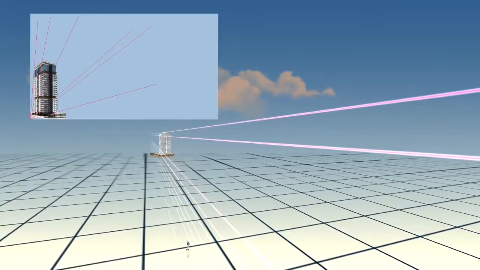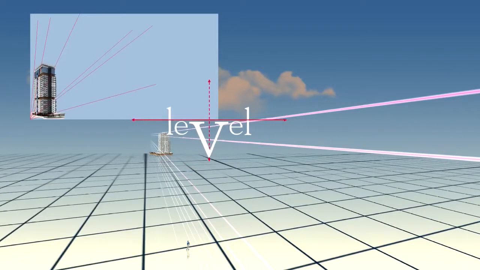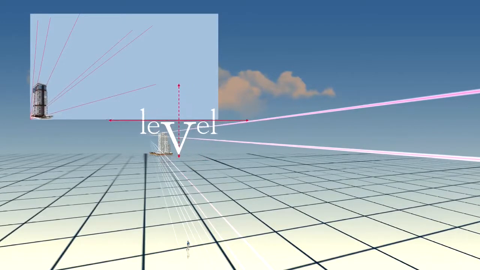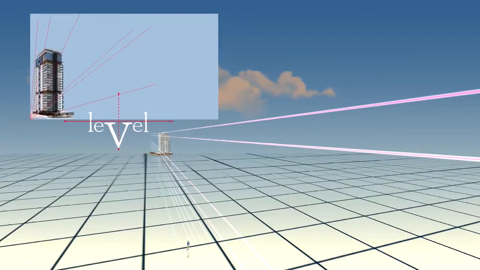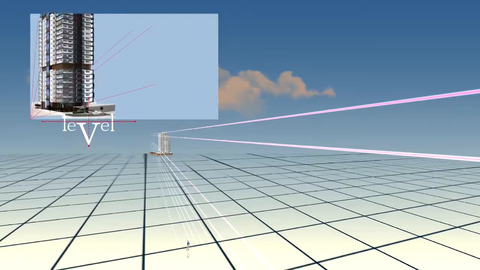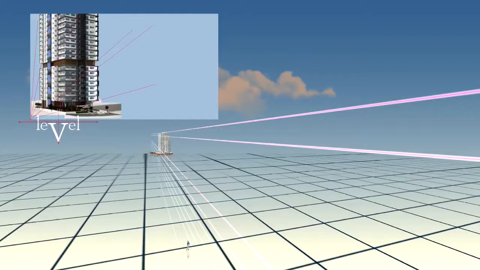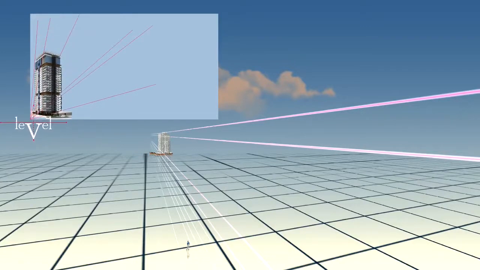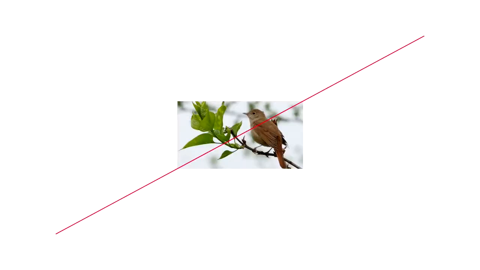On a 2D planar surface, if I've got a level line on the bottom and the side, I'll draw lines between those points. I can scale the building up and the building maintains its proportion to those lines. Right, so you have an image of a bird, right? You want to scale this bird up. You draw a line between the two corners, right?